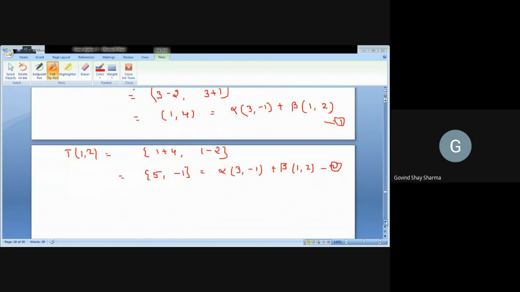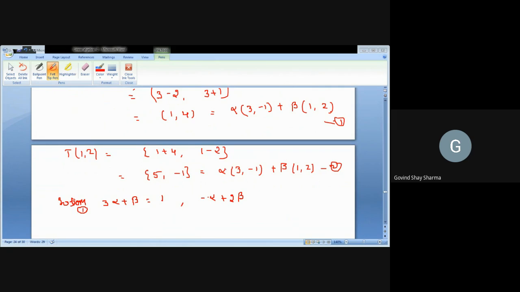Now we have to find the values of alpha and beta. So 3 alpha plus beta is equal to 1 from equation 1, and minus alpha plus 2 beta is equal to 4.